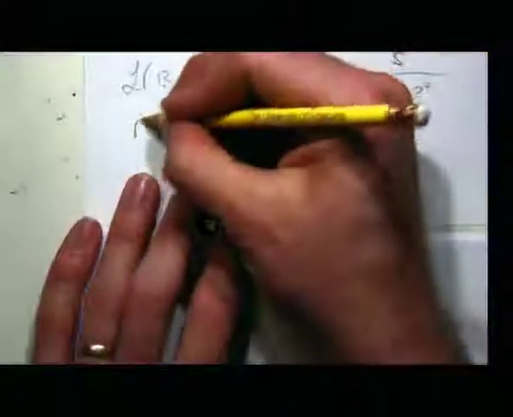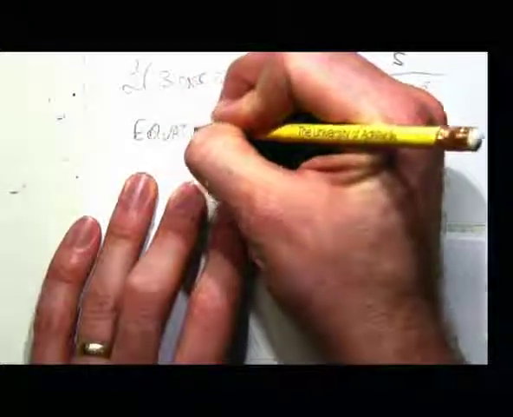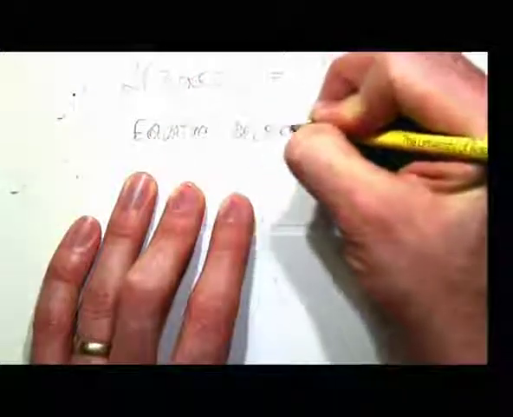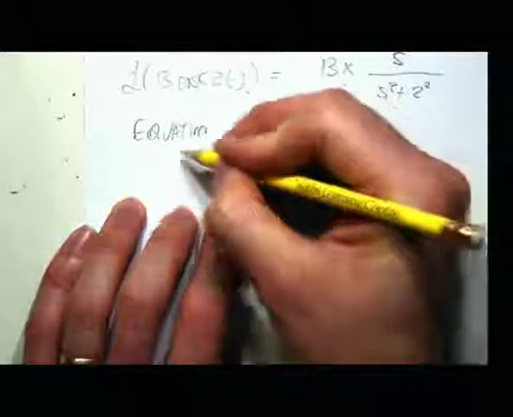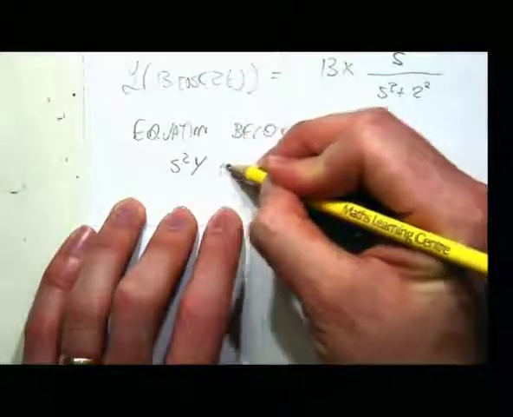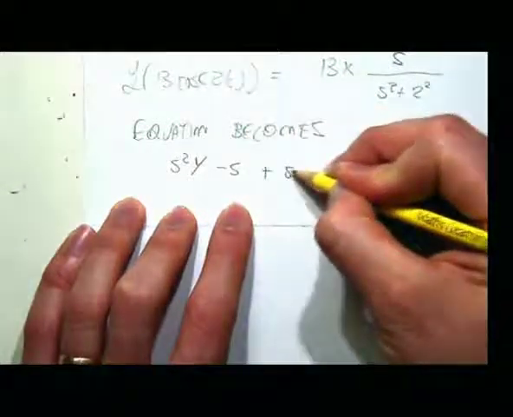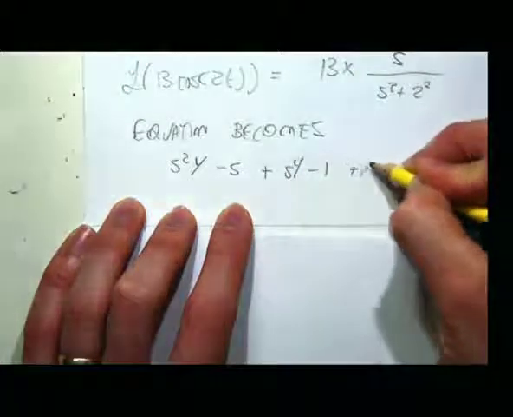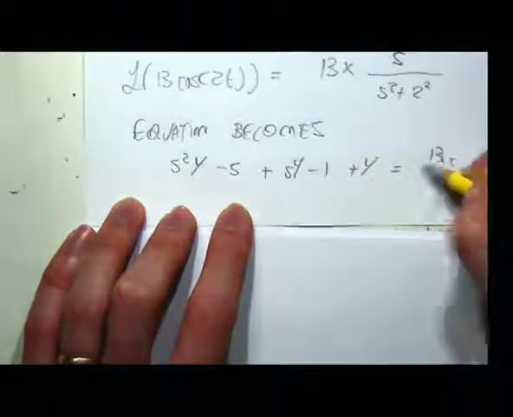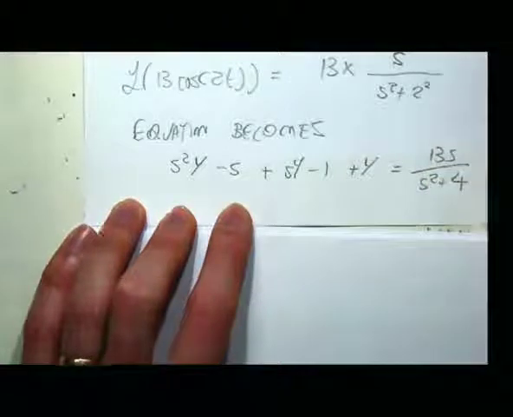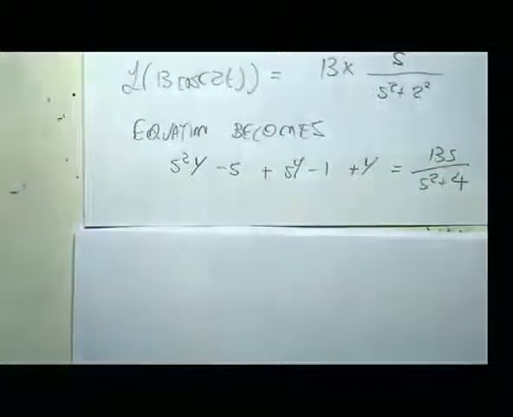Right, so what I've now got is that my equation becomes s squared Y minus s plus sY minus 1 plus Y is 13s on s squared plus 4. Transformed. Sweet. Okay. All good.